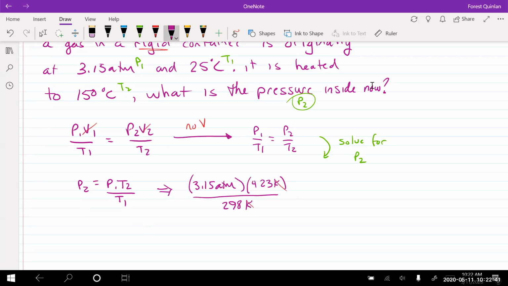And at the end of that, P2 is equal to 4.47 atmospheres. Yeah, that makes a little more sense. Going from 300 to 400, you shouldn't nearly double.